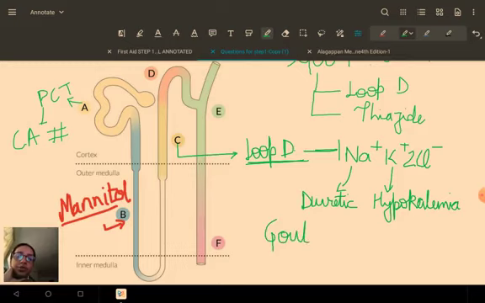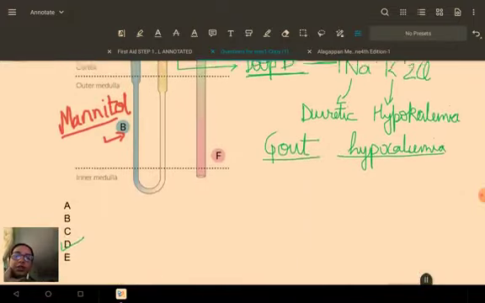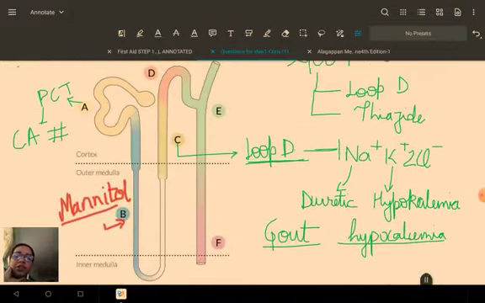Now before we choose this option, we should also know loops lose calcium. By losing calcium, they create a condition of hypocalcemia in the body. This patient has, as we can see here, osteoporosis. Would we want to give a patient with osteoporosis a drug that causes hypocalcemia?